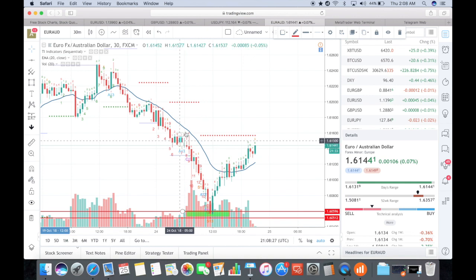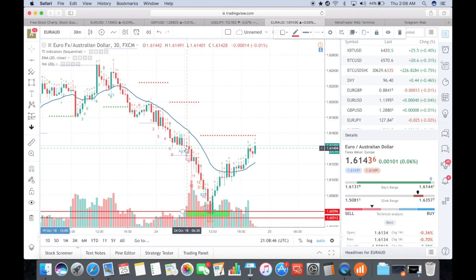So the signal was given at around these candles, and the price entered into the zone 5 to 7 hours later, and it's still going above. And most probably, look at that, it always takes a step back whenever it enters into any supply zone.